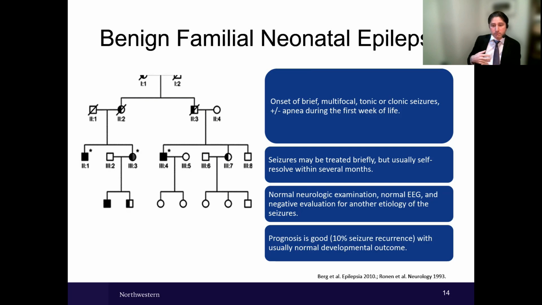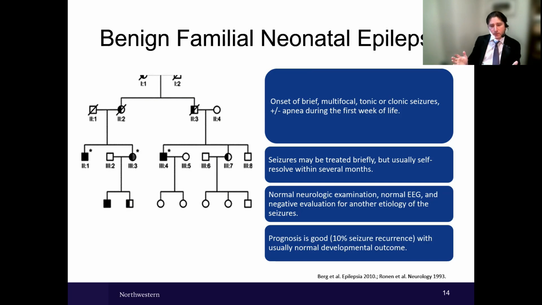They will have a normal exam, they will have a normal EEG, and they'll have an evaluation probably with MRI, looking for infection, looking for other causes of seizures in a newborn. I don't think a neonatologist wants to miss anything. The prognosis is good. Most kids will grow out of these seizures, but some percentage will have seizures later in life and will usually have normal development.